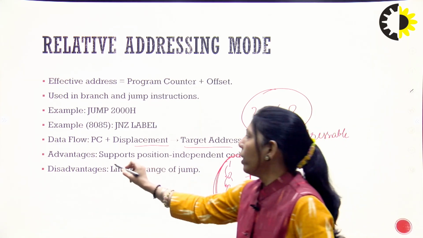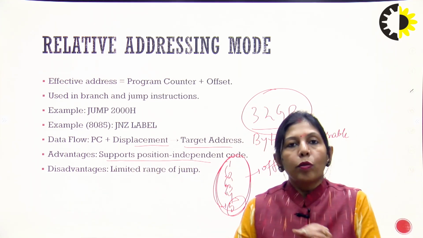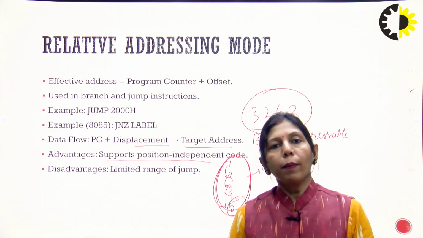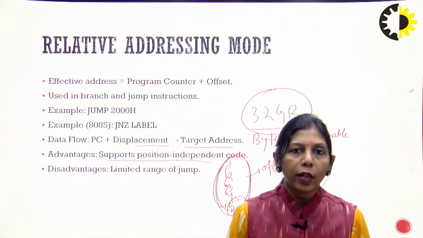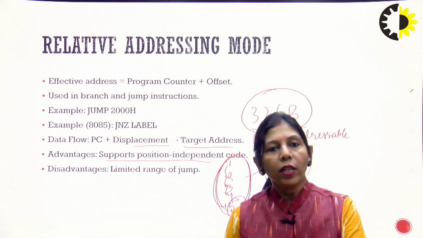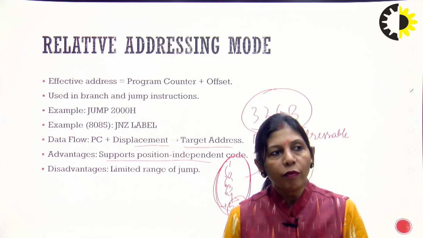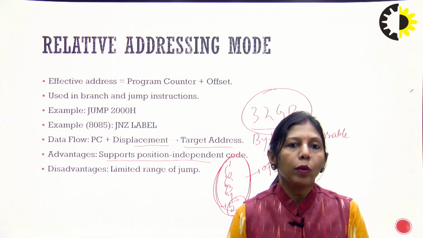Its advantage is that it's totally position independent. Wherever the program counter is, it just needs to add that value so that it can reach the next instruction wherever it is stored. Every time it adds that value and reaches the current location.